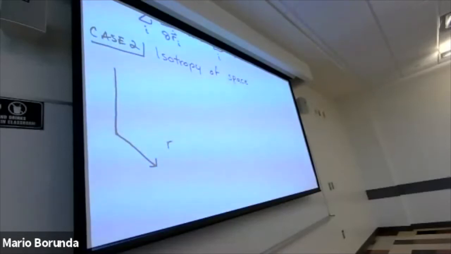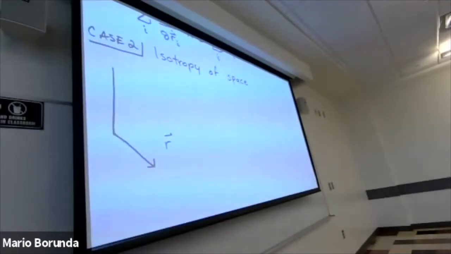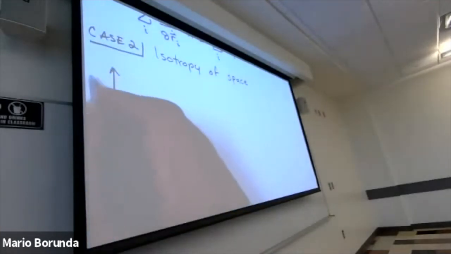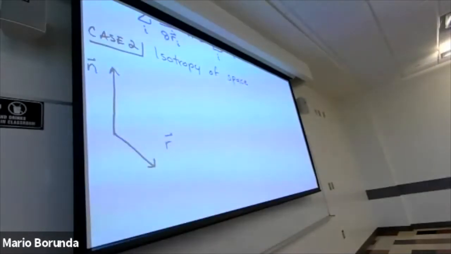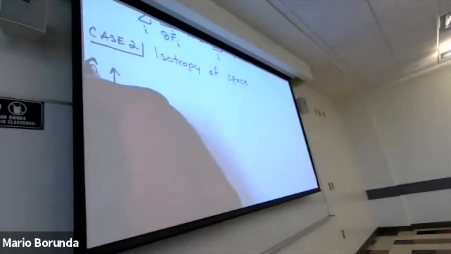So now let's say that there was a vector r right here. And this vector r is going to be rotated about this axis n right here. I can even make it a unit vector.